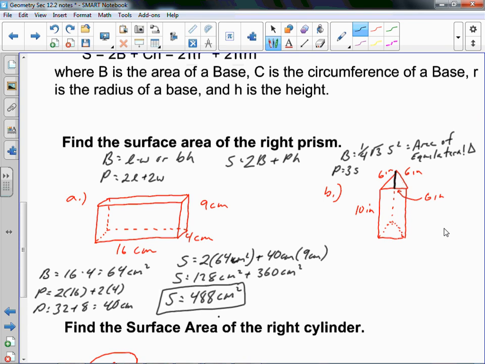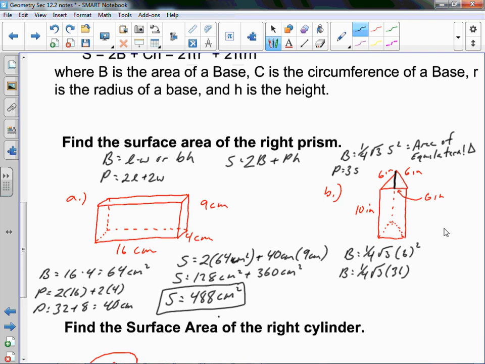So come down here, get all the parts together. Area of the base, it's going to be 1/4 of the square root of 3 times 6 squared. That'll give us 1/4 the square root of 3 times 36.